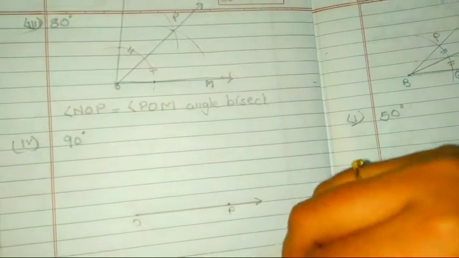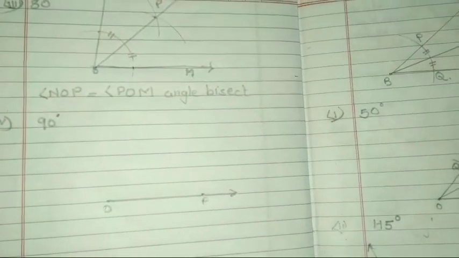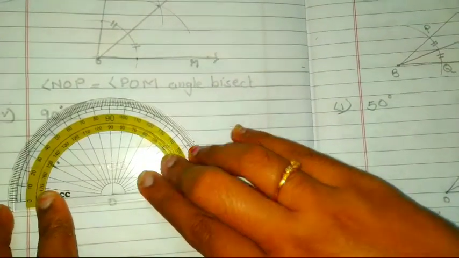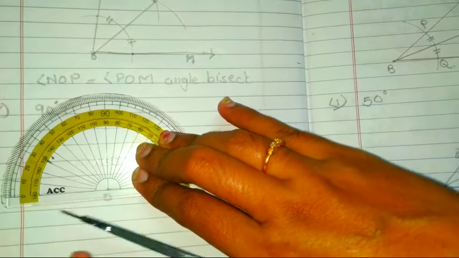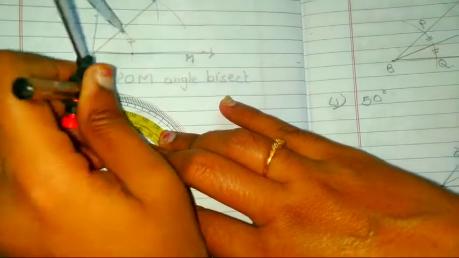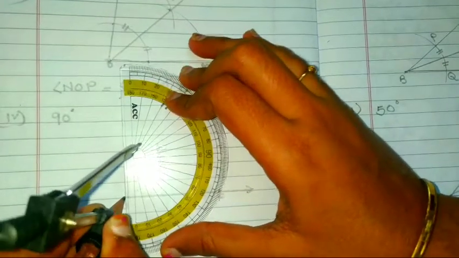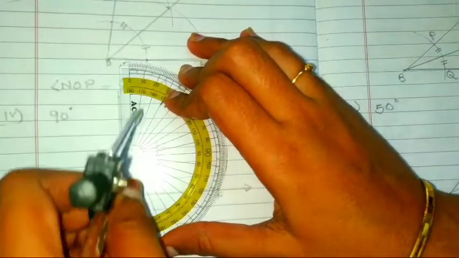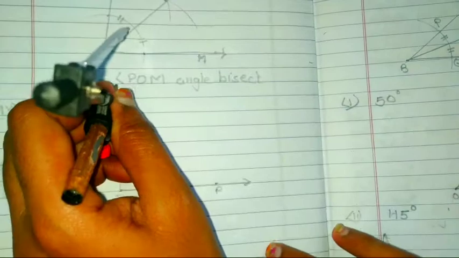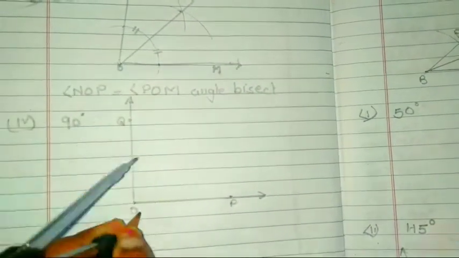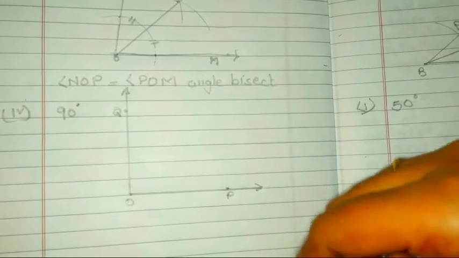Again keep the protractor at origin O and see where is 90 degrees. Here is 90 degrees. Now draw another ray, this is another ray OQ.